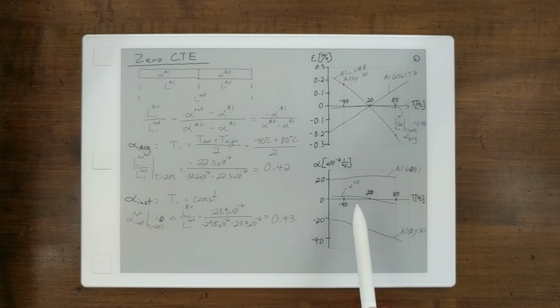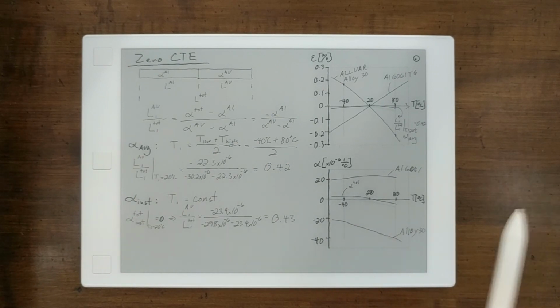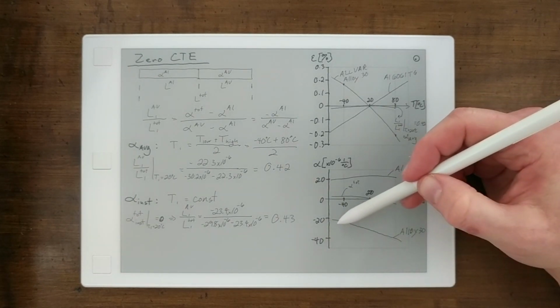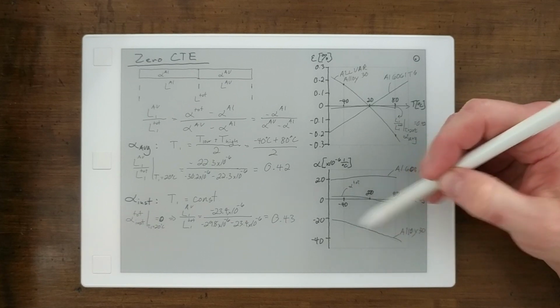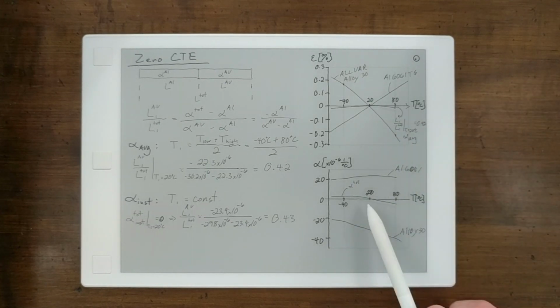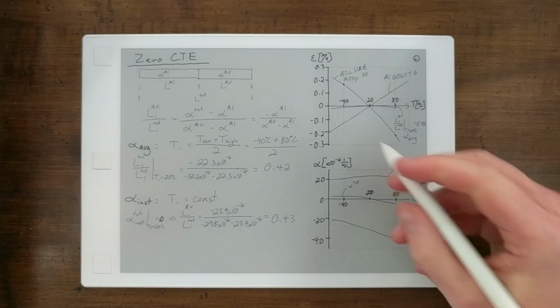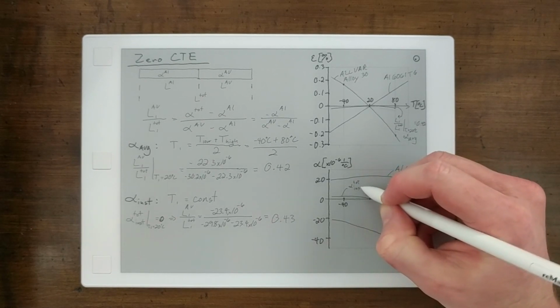Now, here's where the interesting thing comes in. Because the ALLVAR CTE is changing with temperature, we can actually create a zero instantaneous CTE crossing at any temperature that we want.